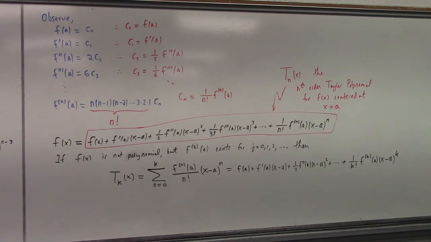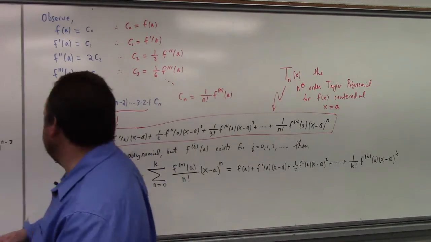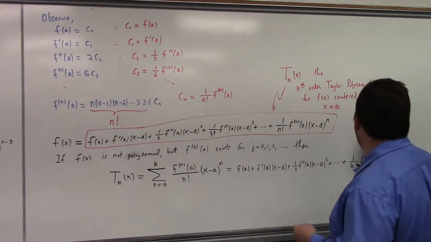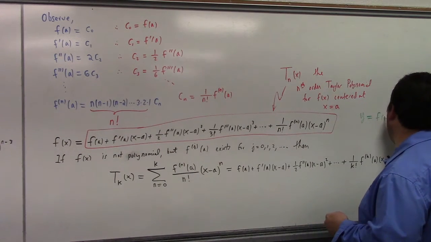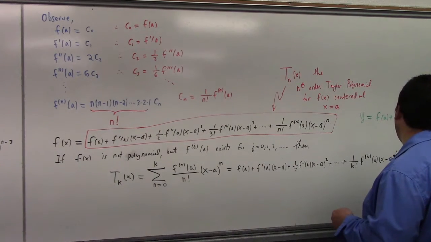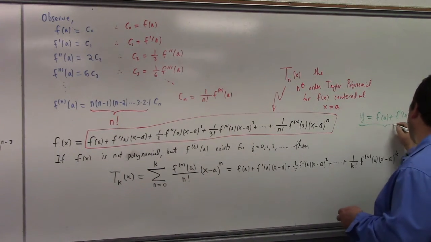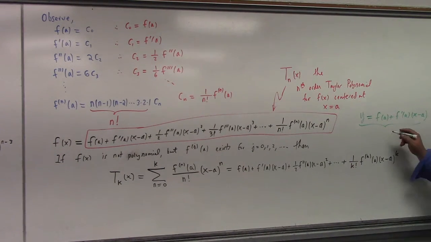Can you guys tell me what it is if I said y equals f of a plus f prime of a times x minus a, what would that be? Very good, that's the tangent line.